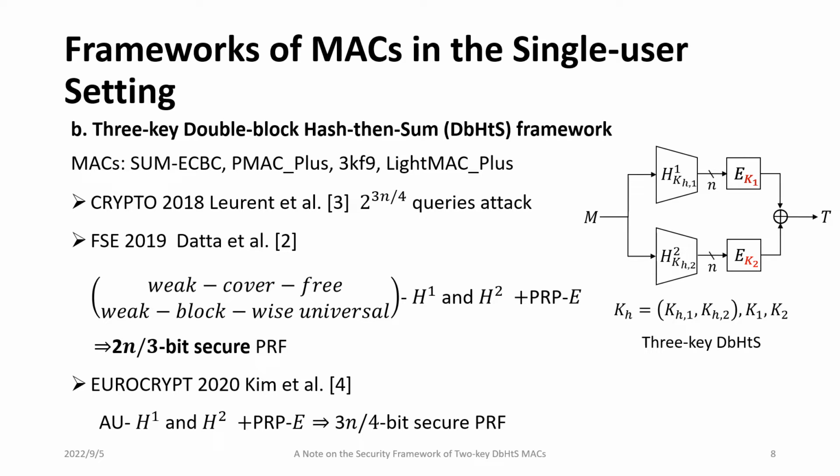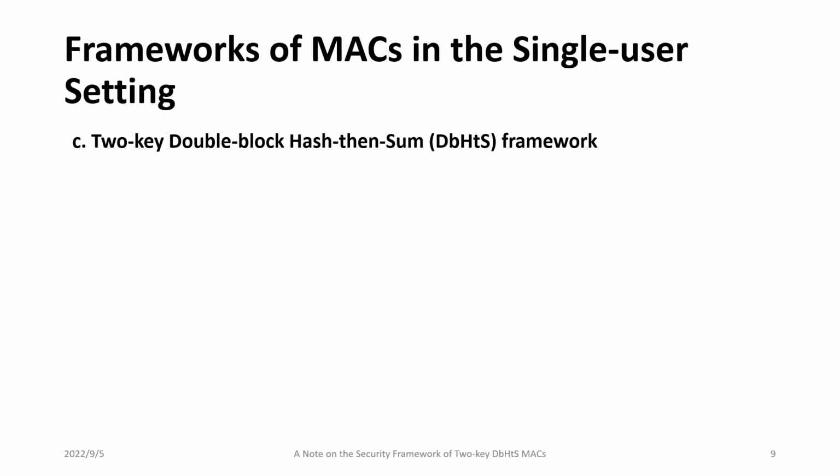And at Eurocrypt 2020, Kim et al. proved when the two hash functions are almost universal, it achieves the tight 3n/4-bit security. This framework uses the hash key and the two keys for block ciphers. Can we reduce keys? Yes.